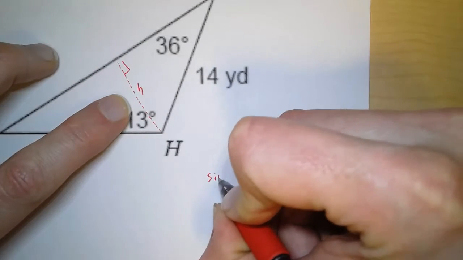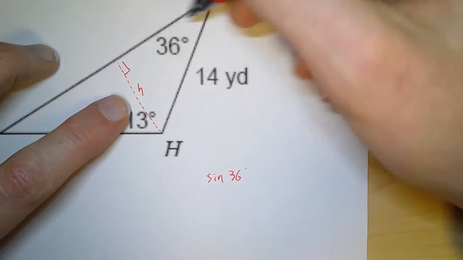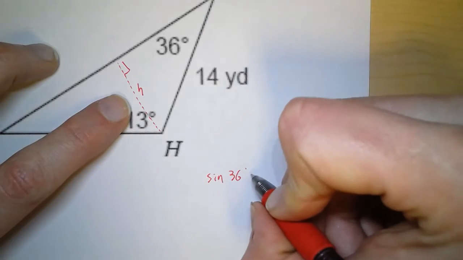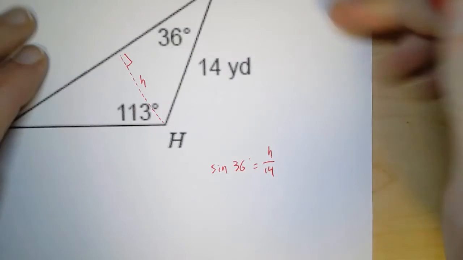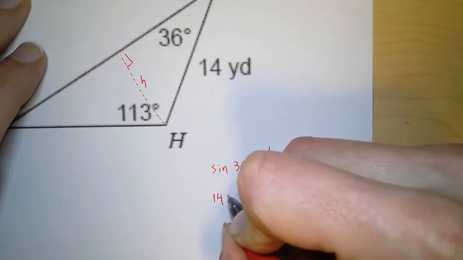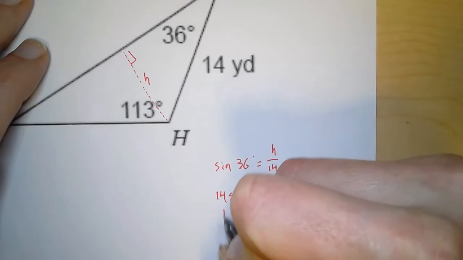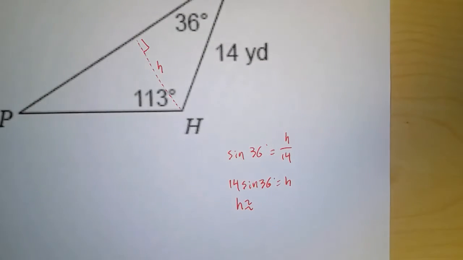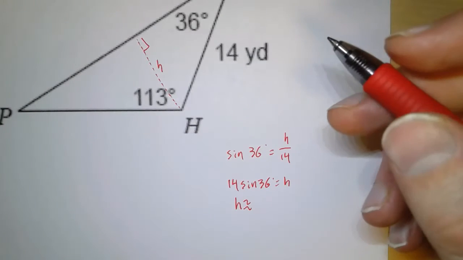So sine of 36 degrees, because even though the triangle is somewhat upside down, 36 and h are opposite, and 14 is the hypotenuse. So we have h over 14. So if I multiply by 14, 14 sine of 36 degrees equals h. And I'm definitely going to need that number. So 14 sine of 36, and we get 8.229.